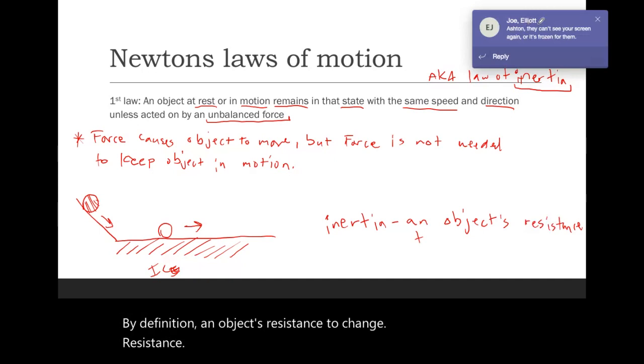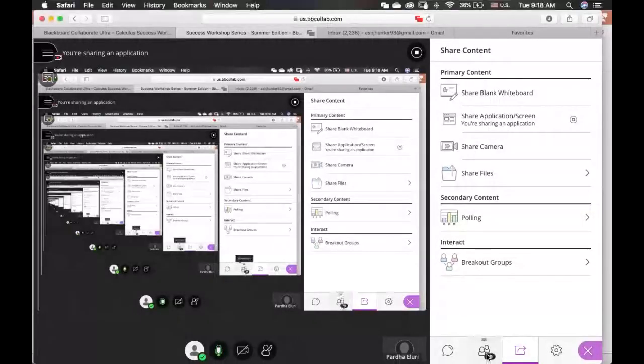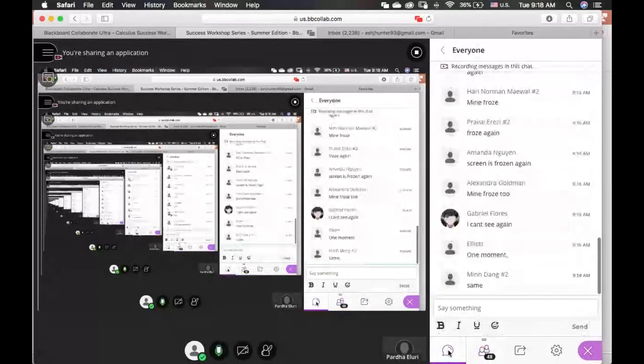Someone is saying you guys can't see me. Let's see what's going on here. Screen's frozen. Okay. Let me stop sharing. I'm going to share again. Alright, how about that?